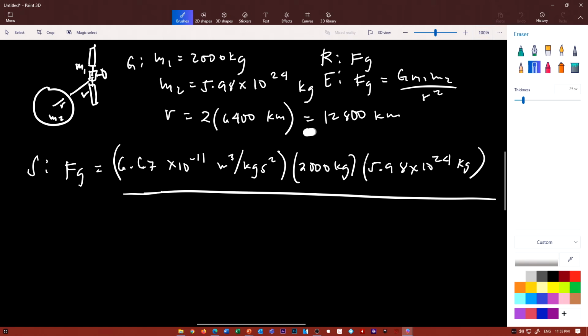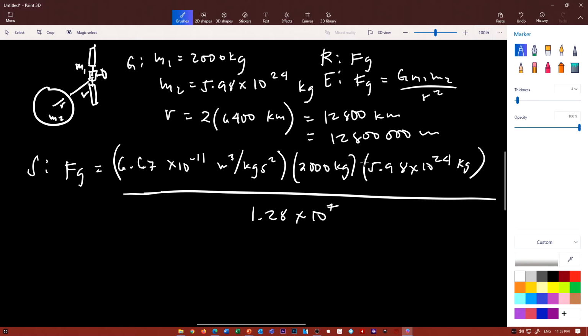So convert this first. So this is 12,800, plus add another 3 zeros because this is in kilos, no? Then that's it. Then just write it in scientific notation because it's too long. So that's 1.28 times 10 raised to 7, correct? Then our unit is of course in meters.